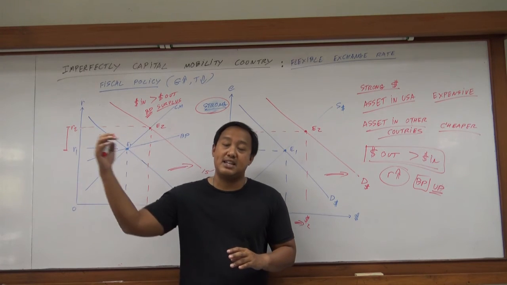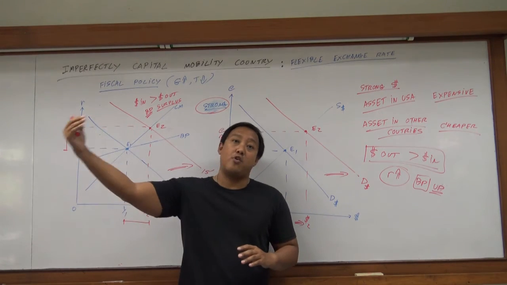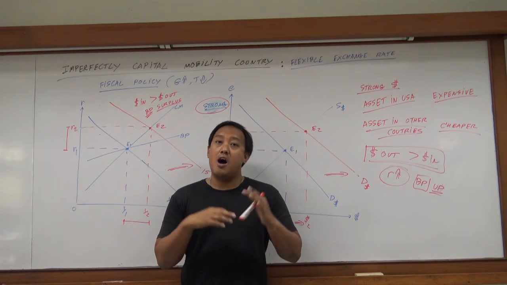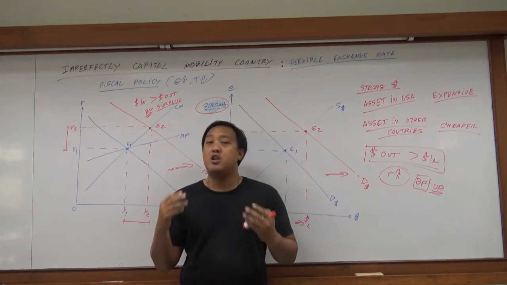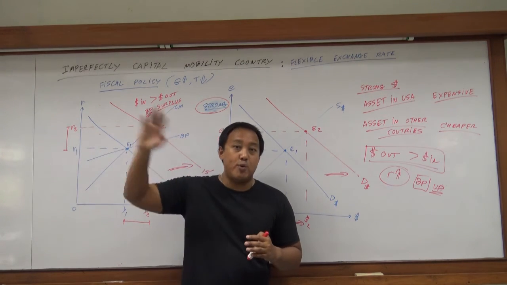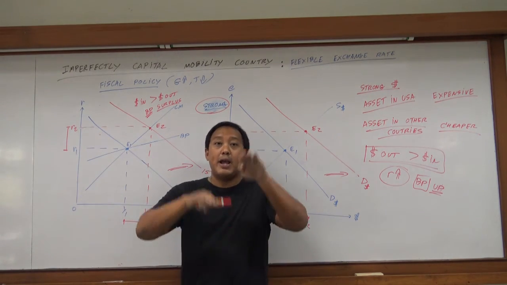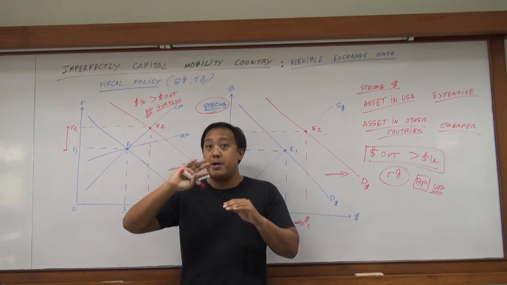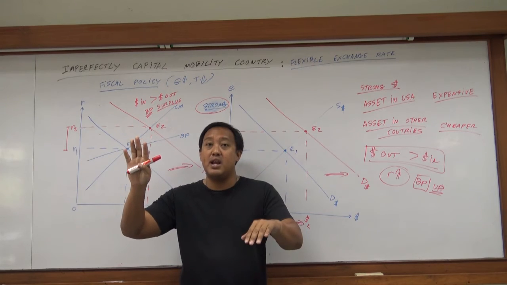Then people are gonna invest less money in USA. The money gonna flow in less. When US dollar becomes stronger, all the assets outside USA look cheaper. Then the money or the capital will start to move out to invest in the other country. Then they have imbalance between the money that flow out and the money that flow in, because the money flow out more than the money that flow in.